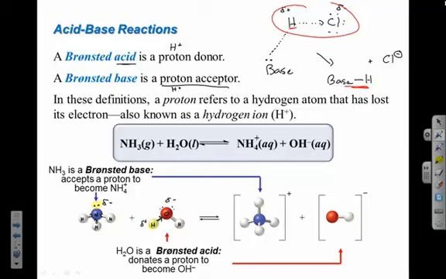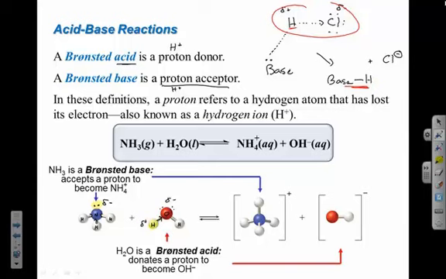If they're approaching one another, they're not just going to collide in some random orientation. One molecule has a positive on one end, the other molecule has a negative on one end. So even if they don't start approaching one another during the collision lined up properly, the charges will help them attract, and during the collision they'll line up during that approach, and the pair of electrons on the base will slam into that hydrogen, and the force of that collision can break this bond that was here, and these electrons will stay on the oxygen.